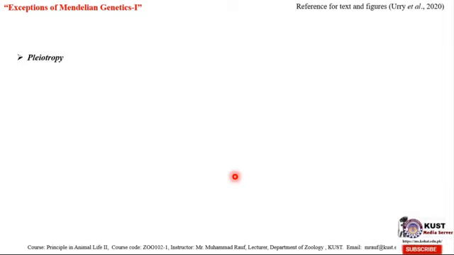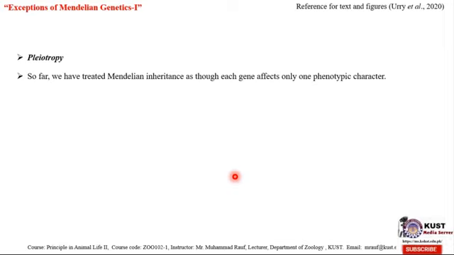Now, the final topic for this lecture is Pleiotropy. So far we have treated Mendelian inheritance as though each gene affects only one phenotypic character.